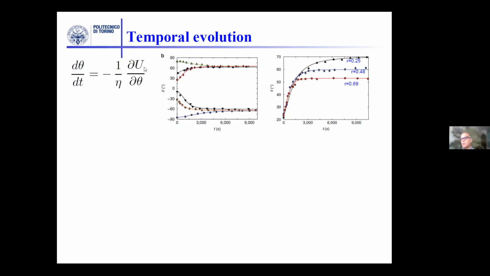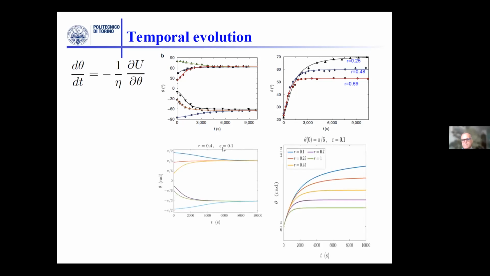And trivially, the equilibrium is found back when this derivative is equal to 0. That is what we studied before. And if you compute that, this is what you have. It is not too far from the experimental result. This is when you start from different angles, and this is when you start from the same angle, 30 degrees, and you change R. And you go toward the equilibrium more or less in the same time. Okay, so we were pretty satisfied also with that.